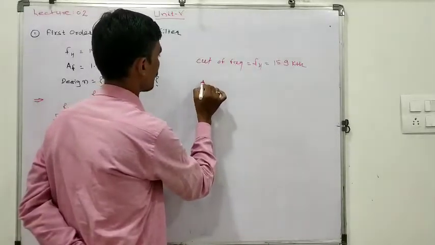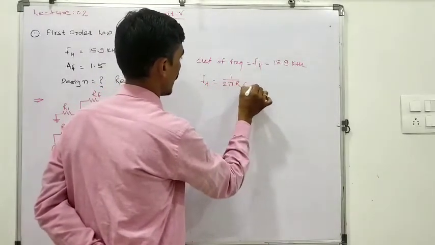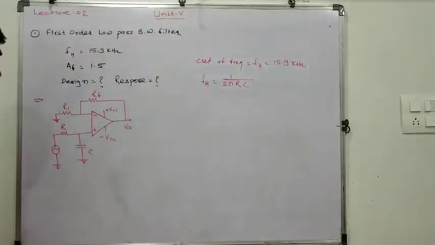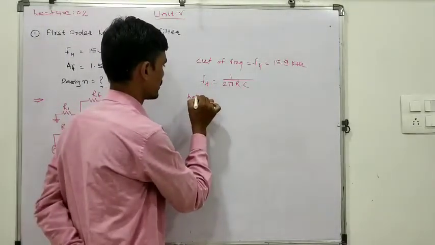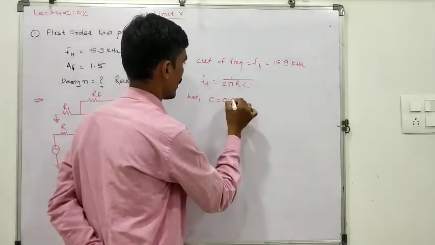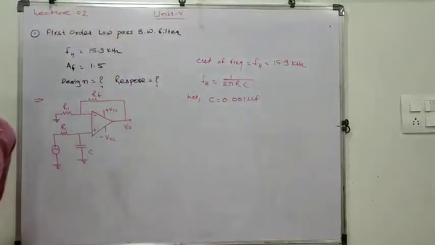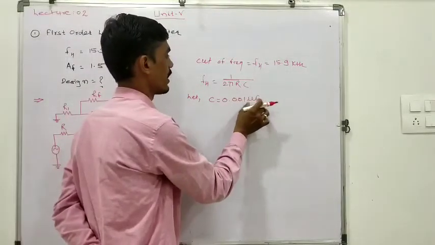We have the formula FH equals 1 upon 2 pi RC. Here there are two unknowns, so while designing we have to assume the value of the capacitor: let C be 0.001 microfarad.